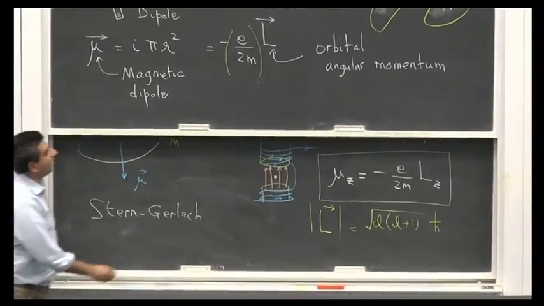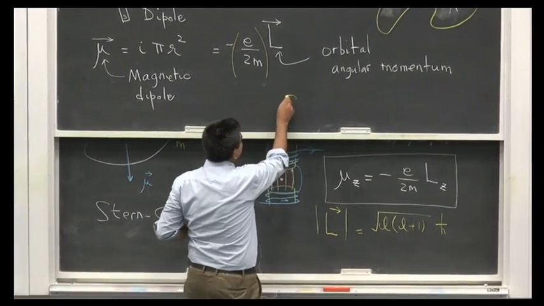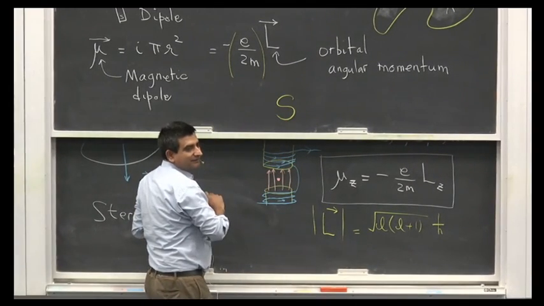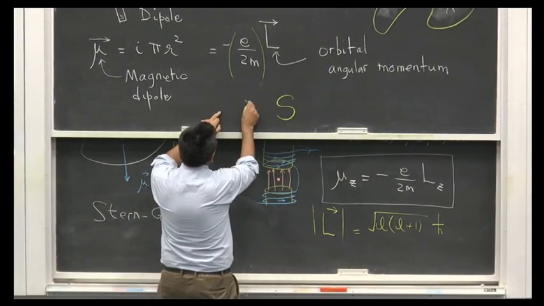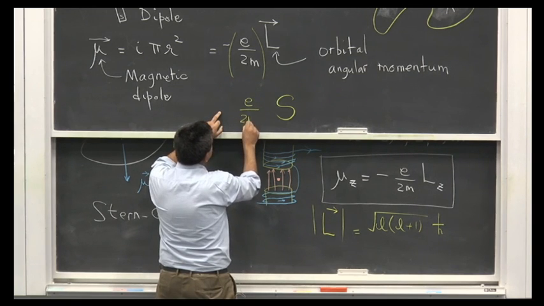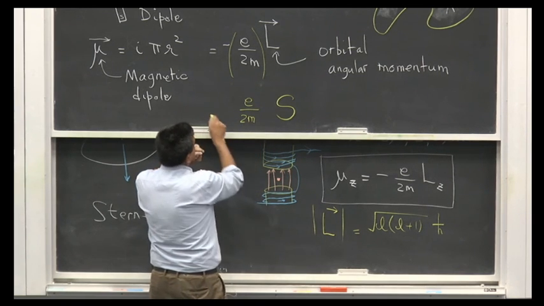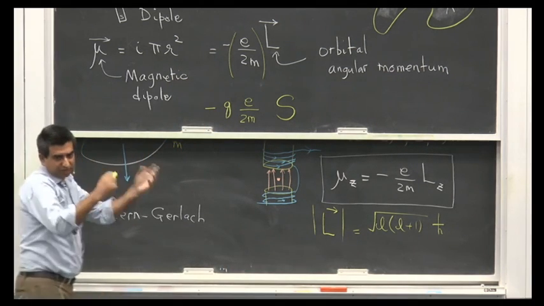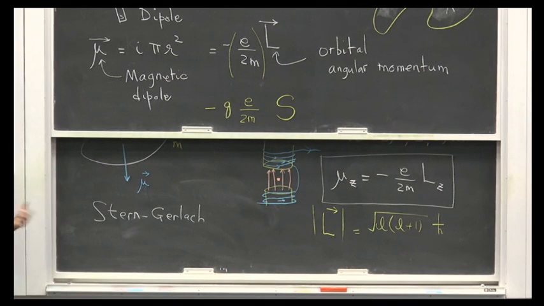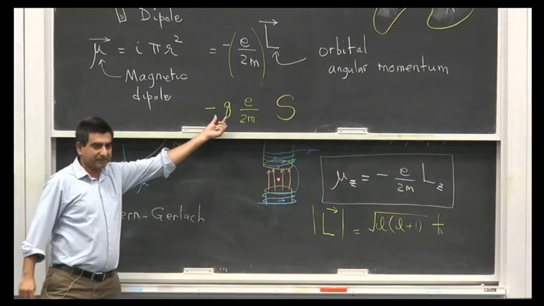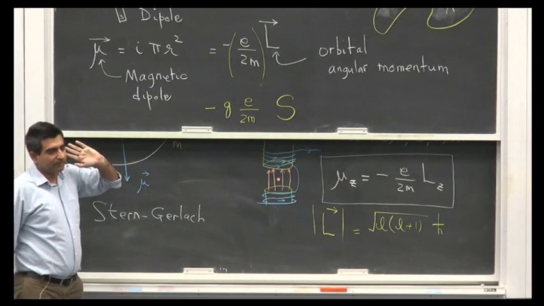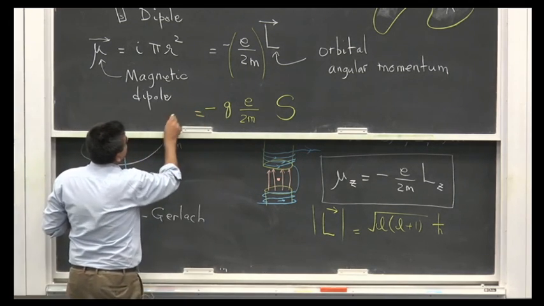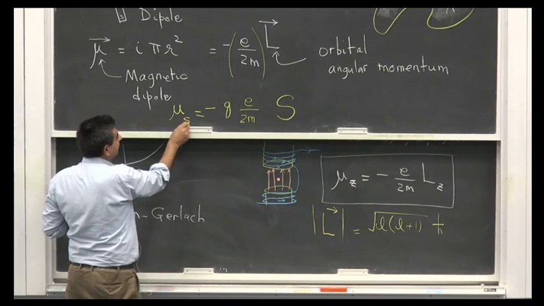The only thing is that I have to replace this L with an S. e over 2m. I can put the minus sign, and then there could be some other constant g, 1, 2, 3, which is well known from experiments. And this is my magnetic moment mu due to the spin.